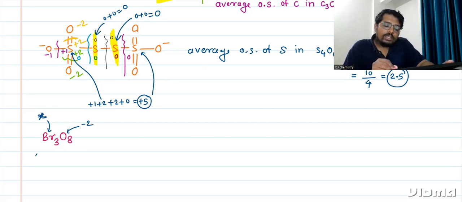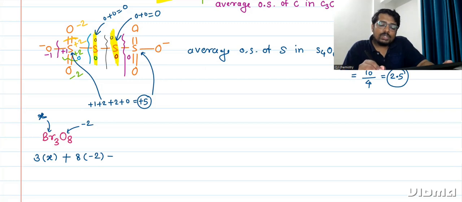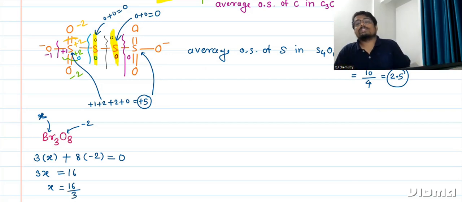How many bromine atoms are there? 3 bromine atoms, so 3 into x, plus how many oxygen atoms? 8, so 8 into the oxidation state of oxygen, -2. The total charge on Br3O8 is 0. So 3x equals 16, and x is 16 by 3. 16 by 3 is the oxidation state of each bromine atom in Br3O8.